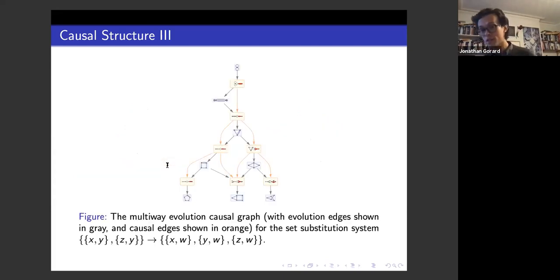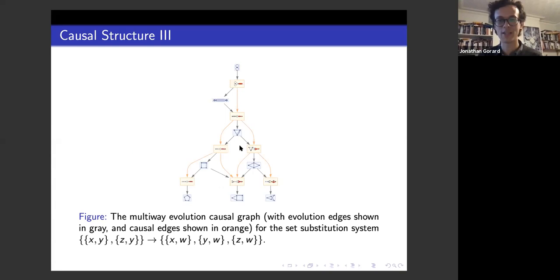So we can combine these two ideas together. Because between every pair of states, effectively, there is an event, there is a rewriting rule that's being applied, and any rewriting rule can be causally related to any number of other rewriting rules, we get one of these things here, which we call a multi-way evolution causal graph. It incorporates both the abstract rewriting structure, which is the stuff that you see in blue and gray.